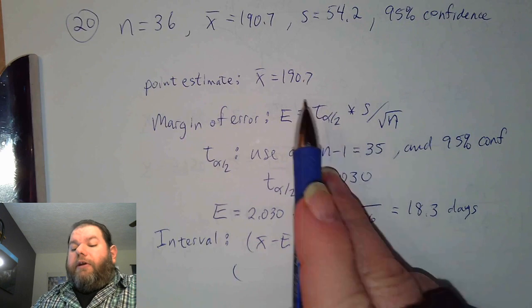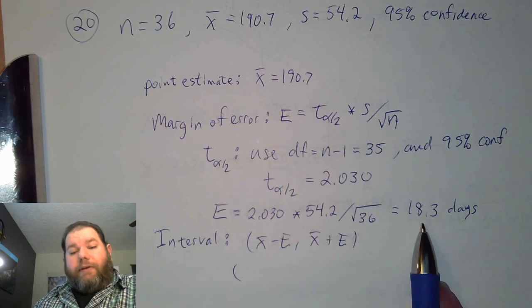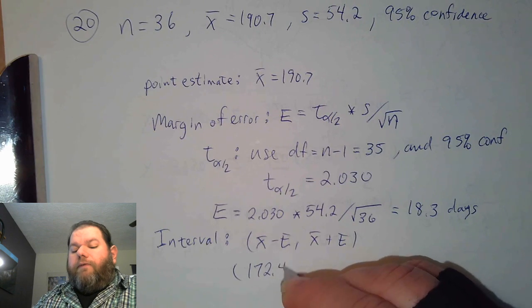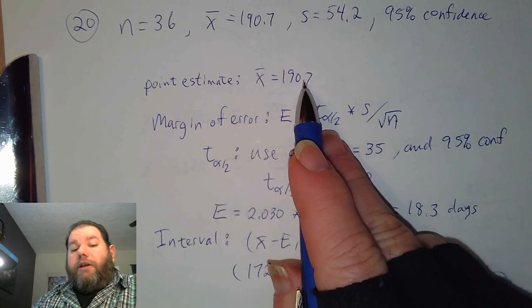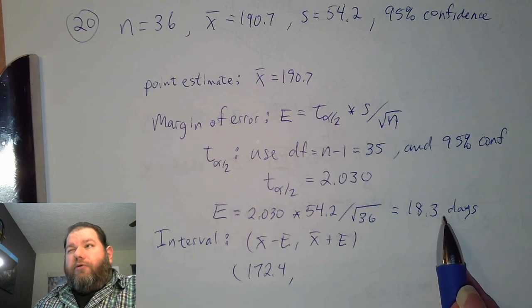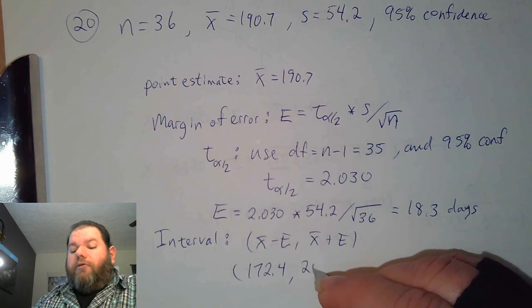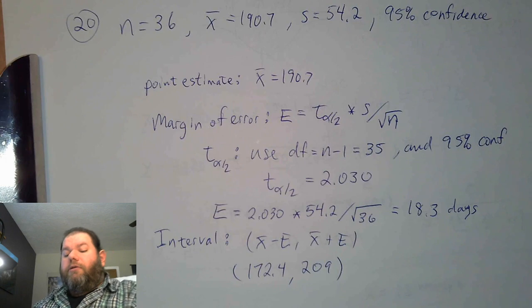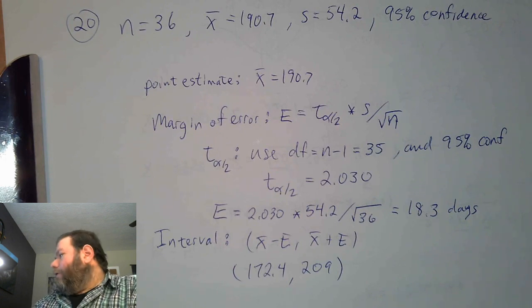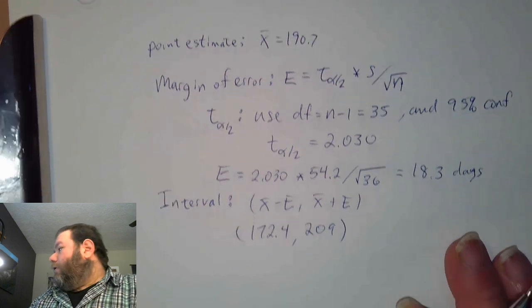So we take 190.7 minus 18.3, so it's 172.4, and then 190.7 plus 18.3, which comes out to be 209. Okay, that's our interval.